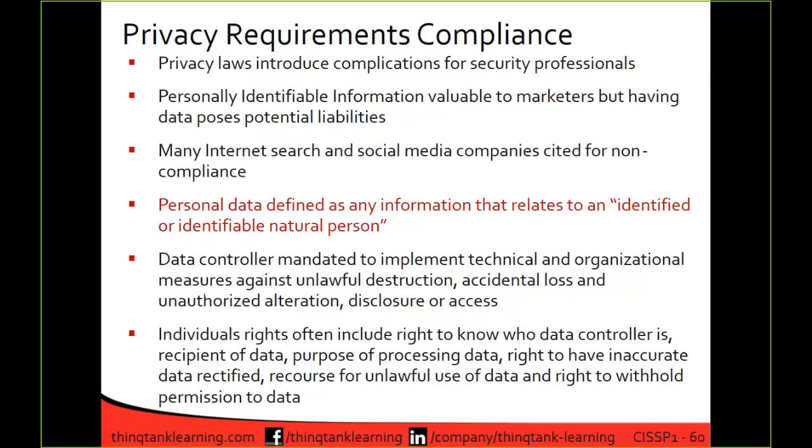The data controller is mandated to implement technical and organizational measures against unlawful destruction, accidental loss, unauthorized alteration, disclosure, or access to that information.